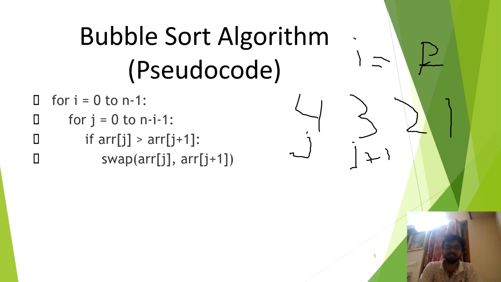How will you swap? Here we have written simply as swap array of j, array of j plus 1. Just think of one container. If you want to transfer food or something else, we take an empty container, fill that container, and pass again.